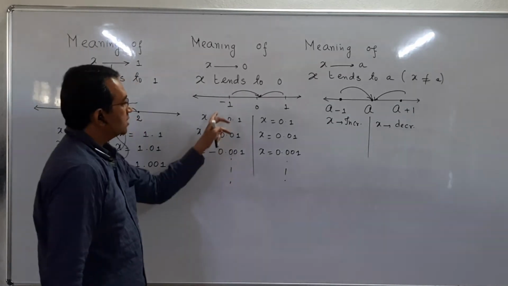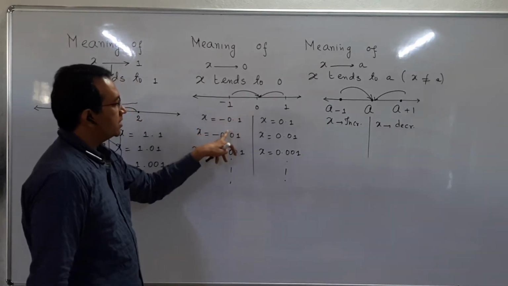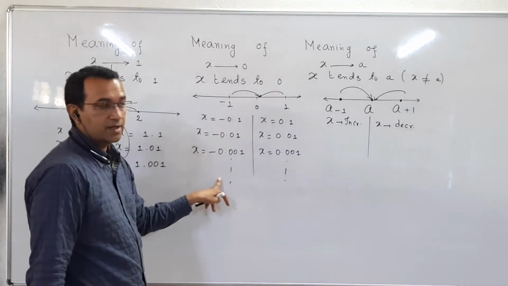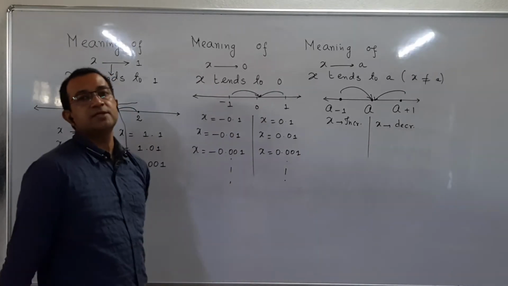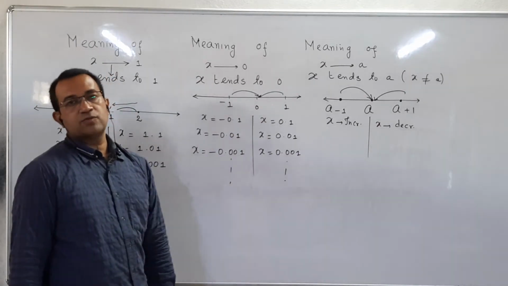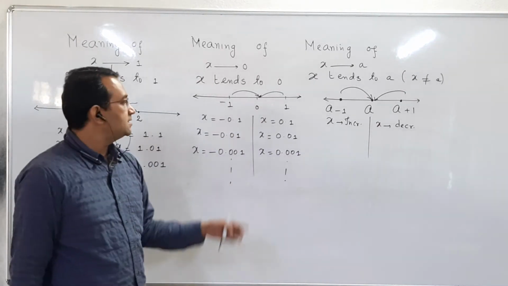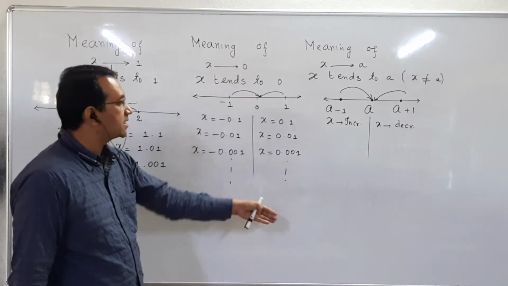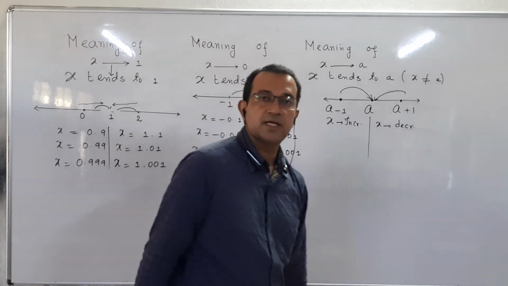So when I am approaching from the left hand side, again I am repeating, x always increases. This negative value is increasing, and this positive value is decreasing. So when we approach 0, either by increasing the negative value of x or by decreasing the positive value of x, then we say that x tends to 0.